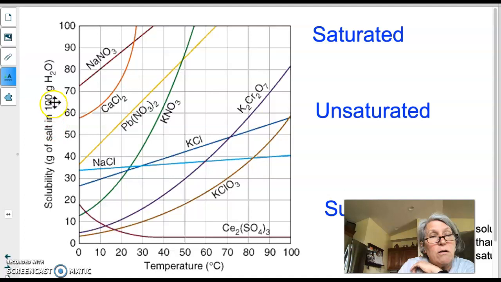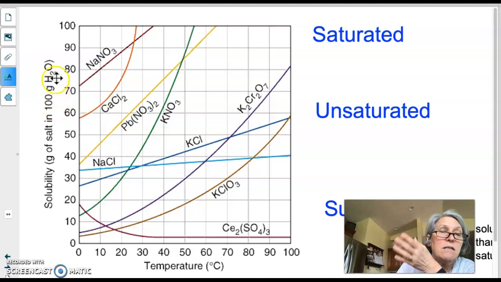This solubility curve is about the amount of solute. Notice it says grams of salt, so that would be your solute, that can dissolve in 100 grams of water, or since the density of water is 1 gram per milliliter, we can say 100 milliliters. That's called the solubility. How many grams of this salt can dissolve in 100 grams of water? And notice it's temperature dependent.